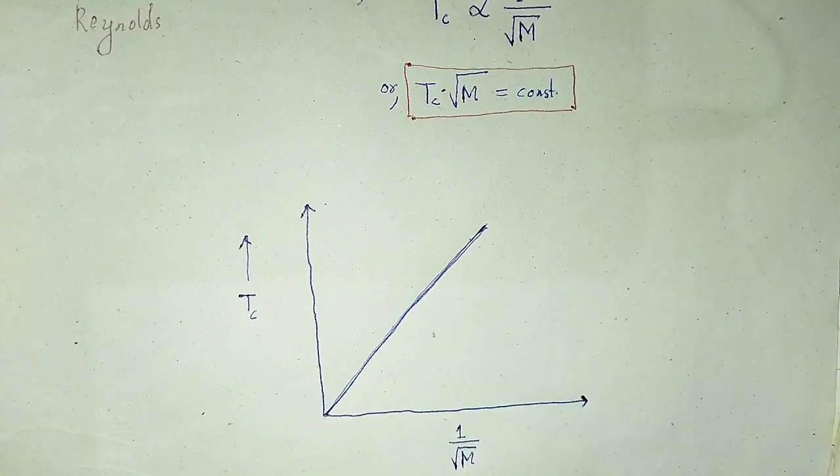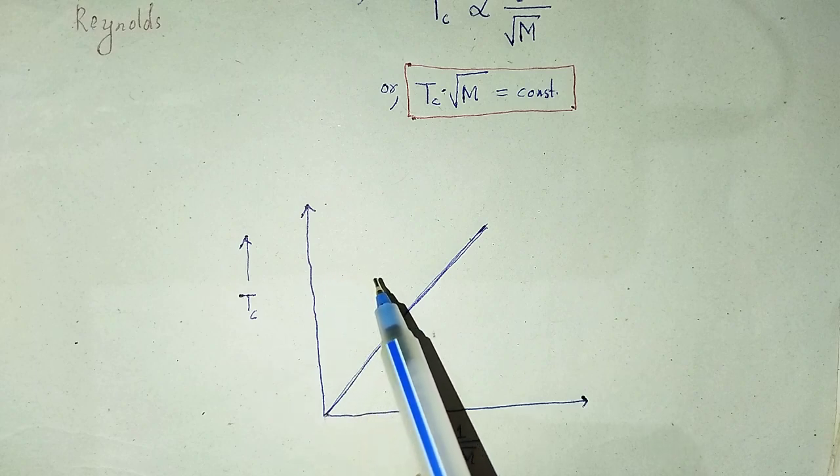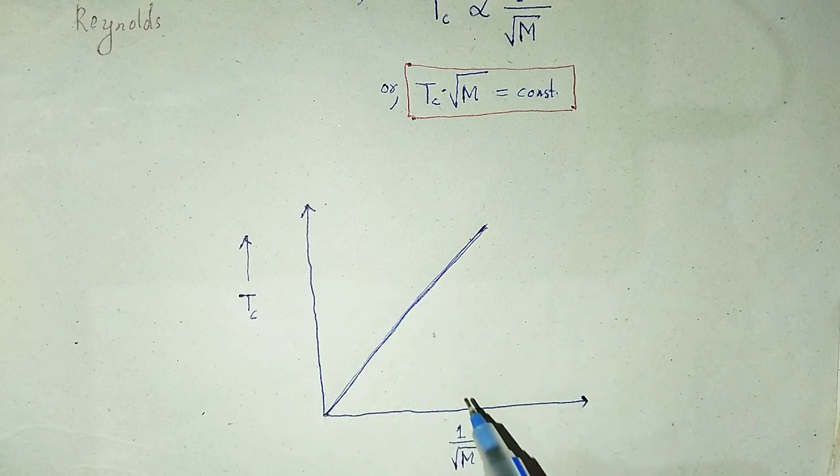The graph shows that the critical temperature of a superconductor increases as the isotopic mass decreases.